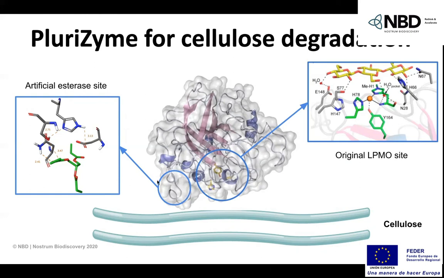In this area, we introduced an artificial esterase that is capable of hydrolyzing esters in glucose monomers and small dimers. So we think that this new model, which is now patent pending, can overcome this limitation in the LPMO industrial application.